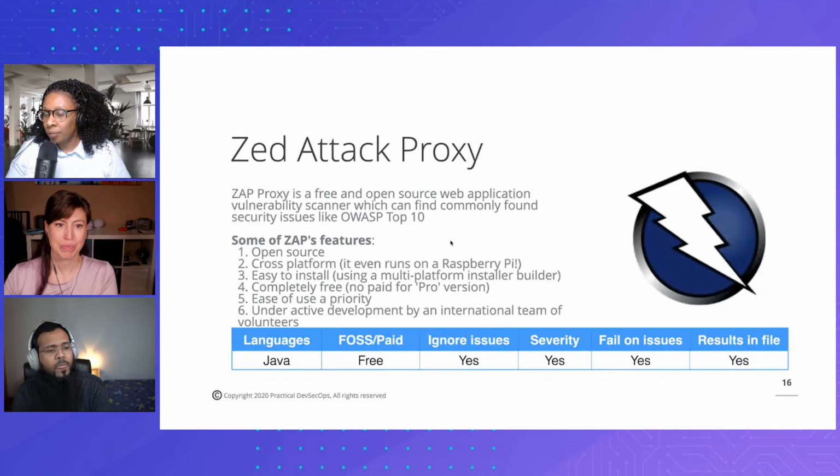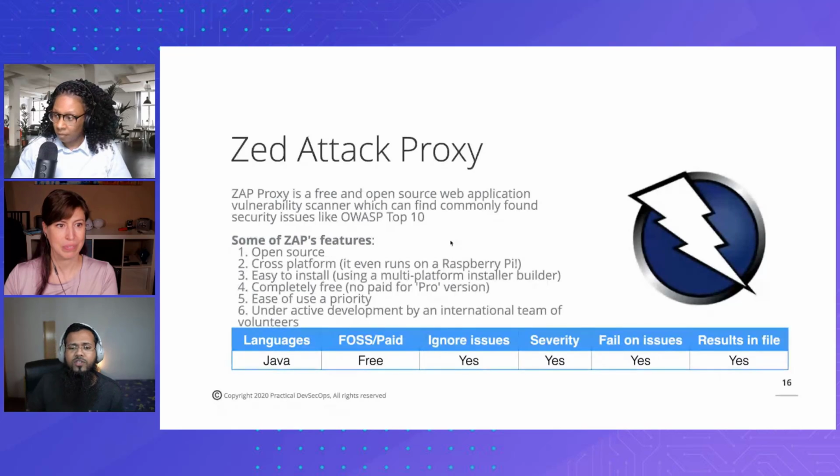Now, let's talk about probably the most well-known tool in DAST, dynamic application security testing, which is ZAP Proxy, also known as ZAP. This is a flagship project of OWASP. It's a free and open source web proxy, forked from Paros Proxy a long time ago, and it's written in Java.